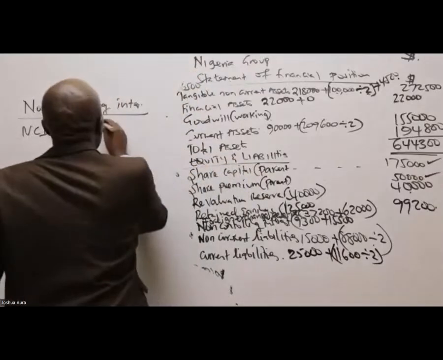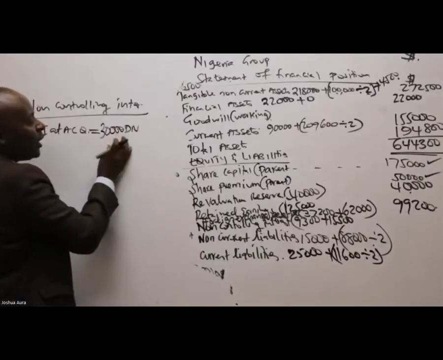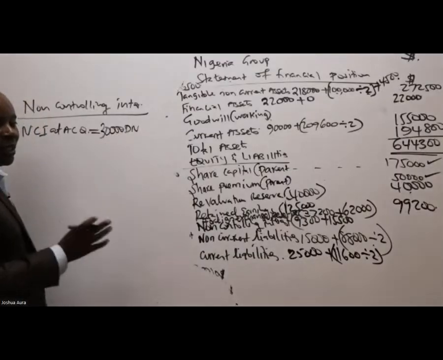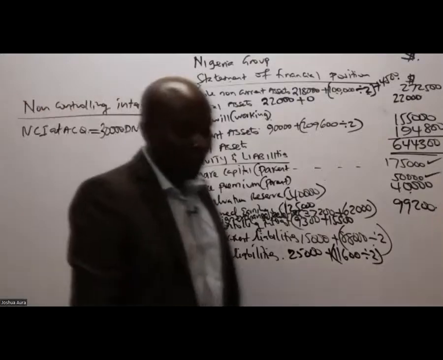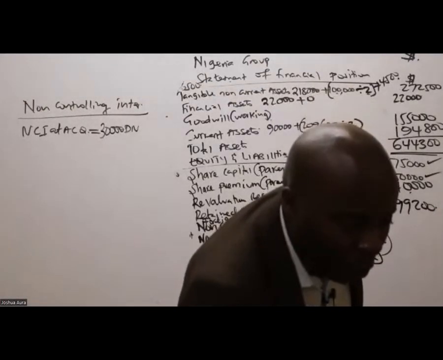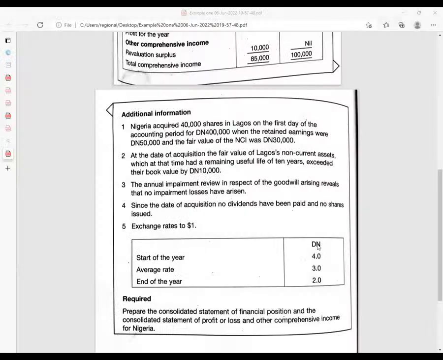But remember that this 30,000 is in foreign currency, DN. I need to retranslate this. Should I divide it with 2 or 4? It can't be the end of the year. It has to be at the start of the year when I was acquiring.